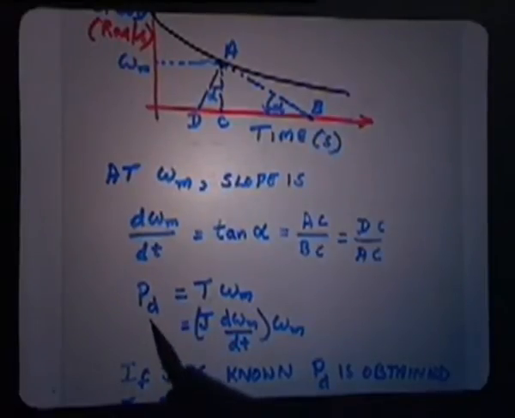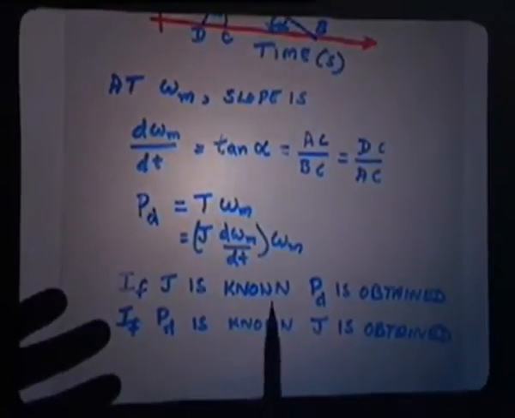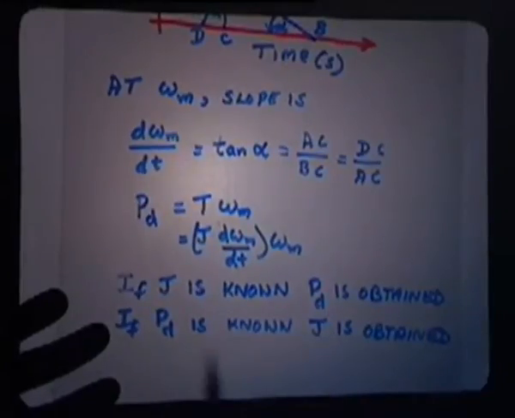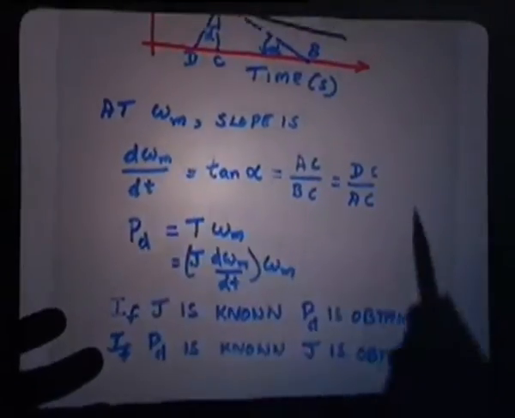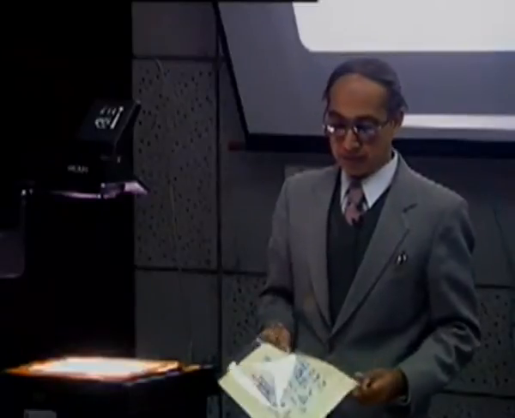Now, if you know PD with IF and without IF, we may separate out core loss and friction windage at each speed. Okay. So, we conclude from here, if J is known, PD is obtained. If PD is known, J is obtained. With a calibrated curve, we can use this. So, the retardation test provides very useful information on the losses, especially on friction windage and the core losses in a DC machine.